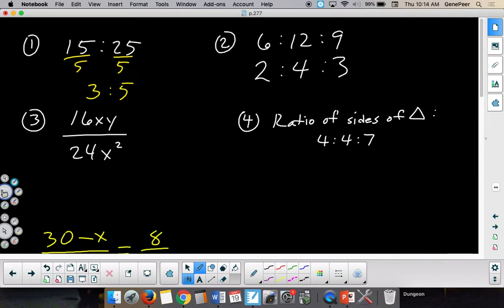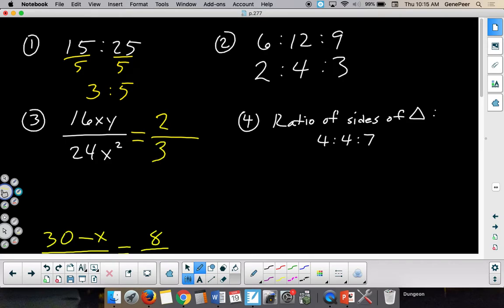Number 3, over here on the left side, number 3 is an ordinary algebra expression to be reduced. The 16 over 24 part of it, you reduce like any ordinary fraction. So divide by 4, no, better than that, divide by 8, and divide by 8. Dividing by 8 there, dividing by 8 there.